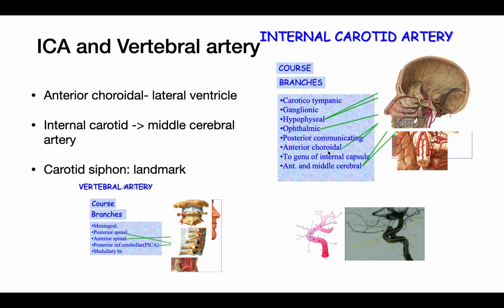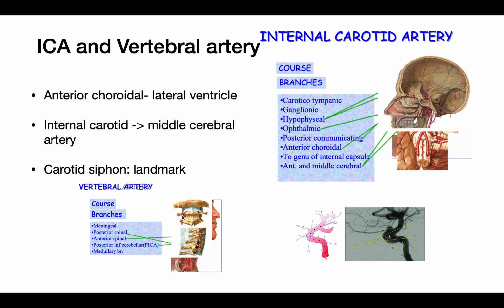These are the ones that feed into the genu of the internal capsule and the anterior and middle cerebral arteries. The internal carotid goes directly into the middle cerebral artery. It's just a connection, a direct path, right? Everything else is just a branch. How do we find it? We find it in the carotid siphon. So this is it. It's just this curvature.